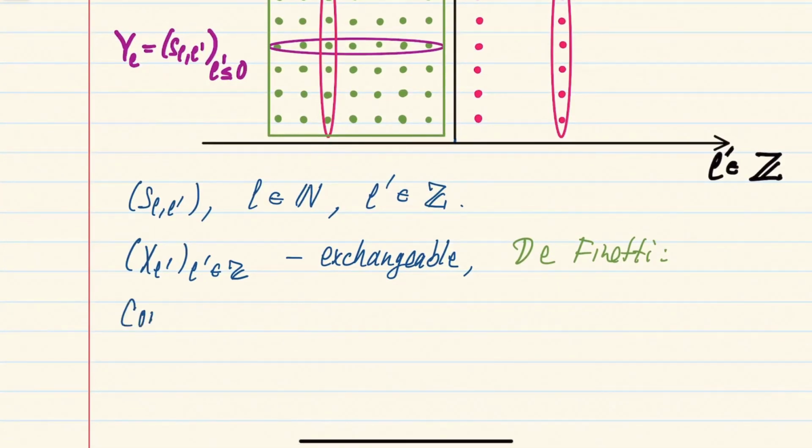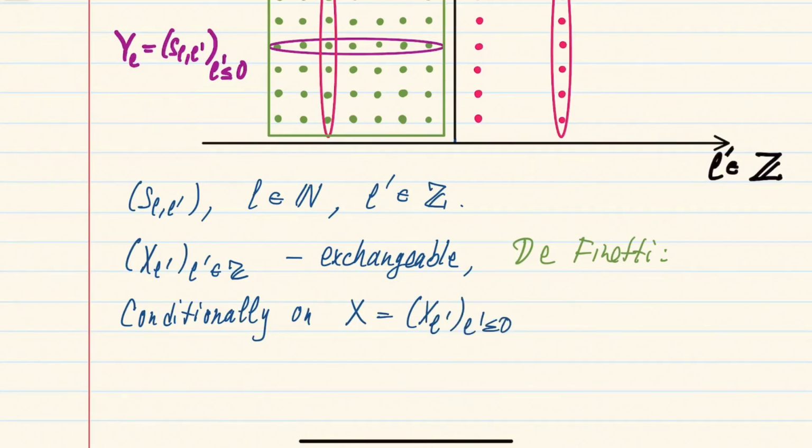So conditionally on that green box, which I call X, so all X_{L'} for L' less than or equal than 0, the columns X_{L'} are IID for the other half, for L' greater or equal than 1.